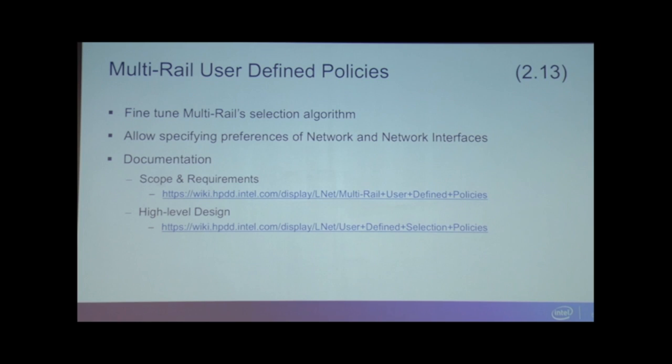But it's important sometimes to define policies to say I always want to prefer o2iblnd, for example, and keep a TCP interface only for backup. So we want to be able to define policies at the user level in order to guide the selection algorithm to make better or more intelligent decisions.